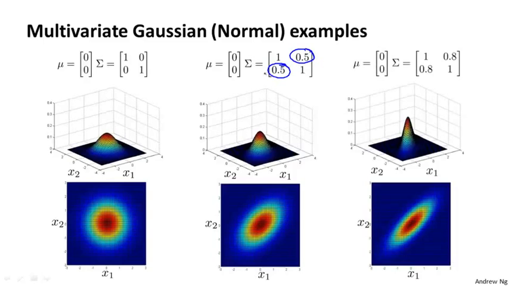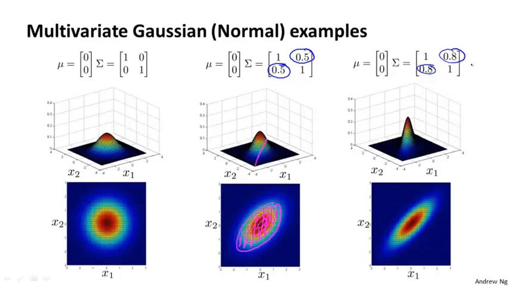And so as I increase the off-diagonal entries from 0.5 to 0.8, what I get is a distribution that's more and more thinly peaked along this x equals y line. And so here the contour says that x and y tend to grow together, and the things with large probability are if either x1 is large and x2 is large, or x1 is small and x2 is small, or somewhere in between.